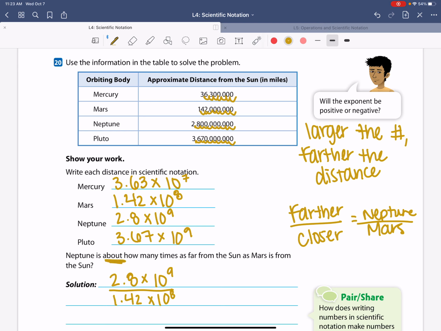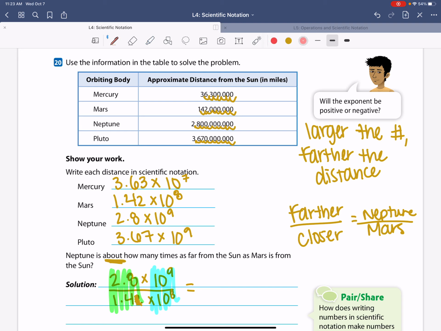And it said about how many. So we can just approximate even further the 1.42 to just 1.4 because Neptune also just has the 1 digit behind the decimal place. So we can do the same thing for Mars to make it a little bit easier for ourselves. So we'll go ahead and break apart our fraction into the numbers between 1 and 10 and our powers of 10.